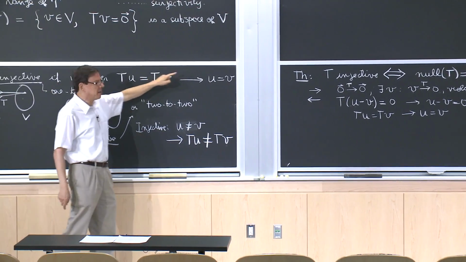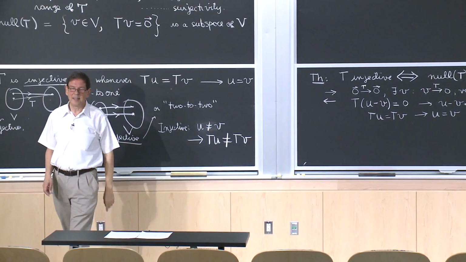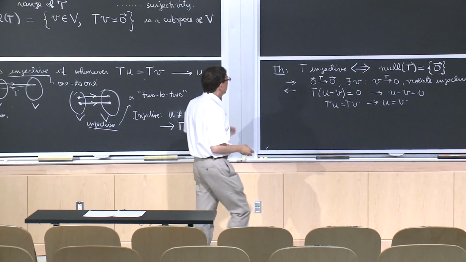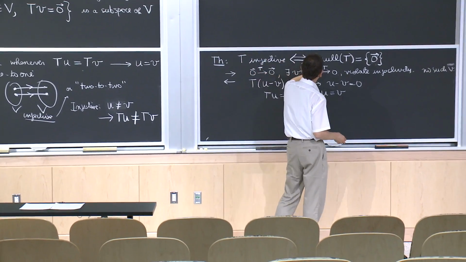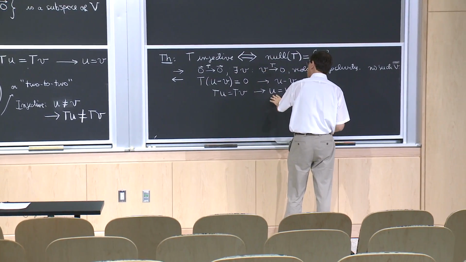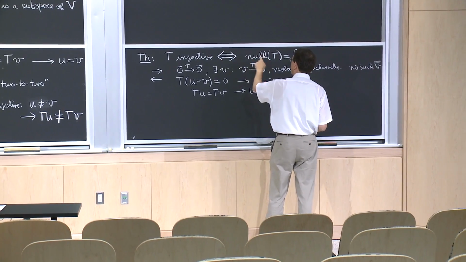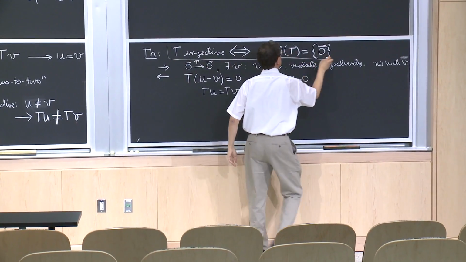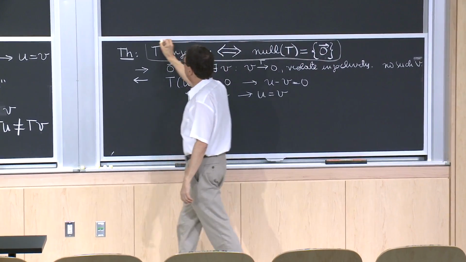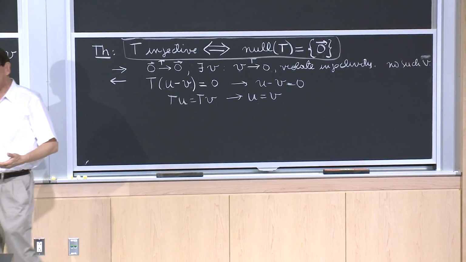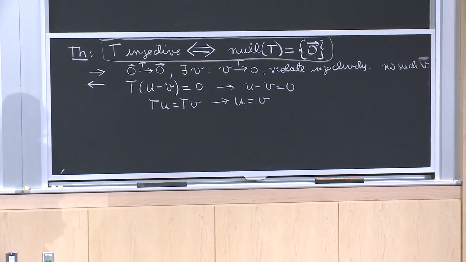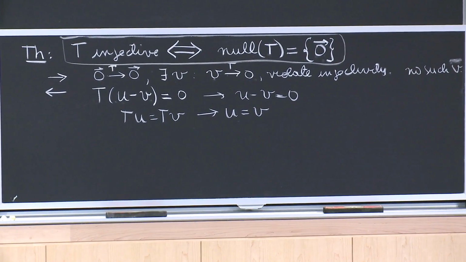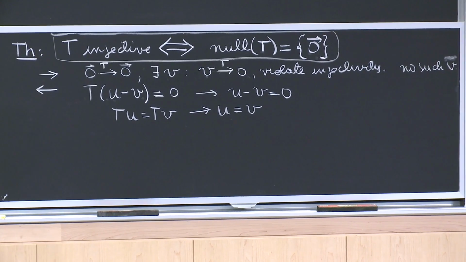Tu equals Tv implies U equals V. So you have here proven that this thing is injective going from this direction. So this is a pretty nice, simple theorem. It relates the words we've introduced. We've introduced a definition of a null space, a definition of an injective operator, and now it's clear how they are related.